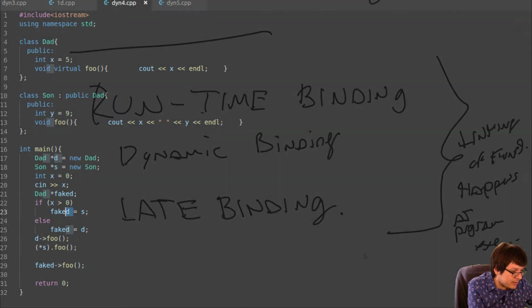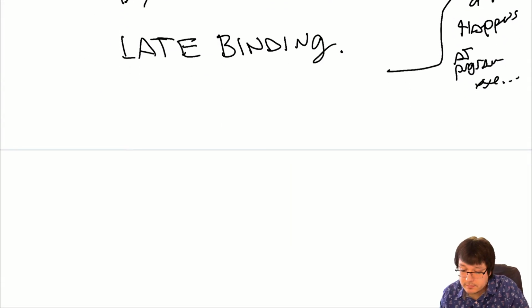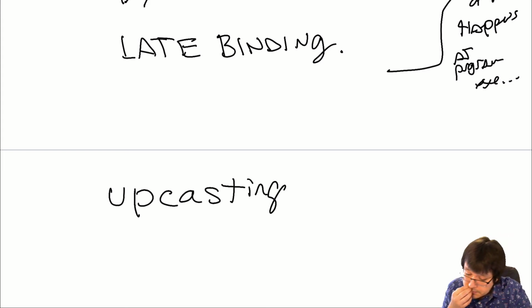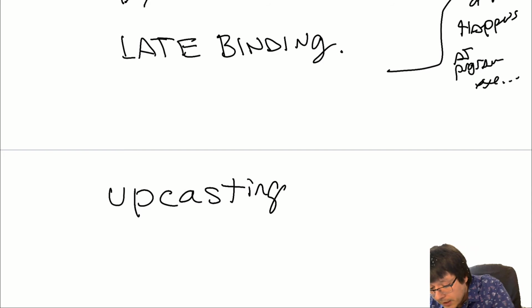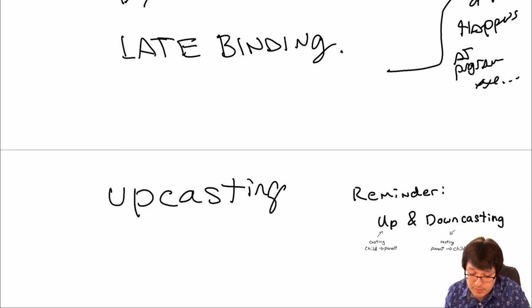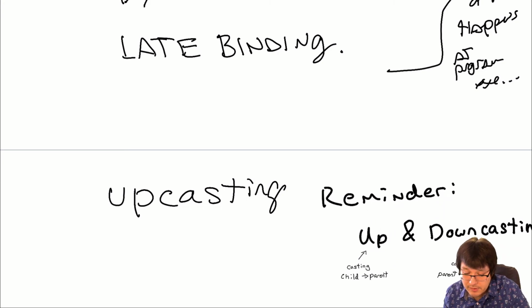So let me write that down. In fact, I have a little reminder here because I sometimes have been known to mix up up and down casting. So I have this little reminder that I will go ahead and post here. So upcasting is casting child to parent.